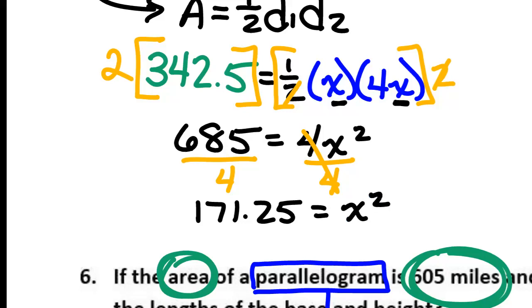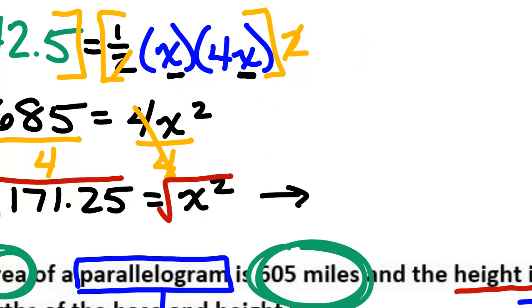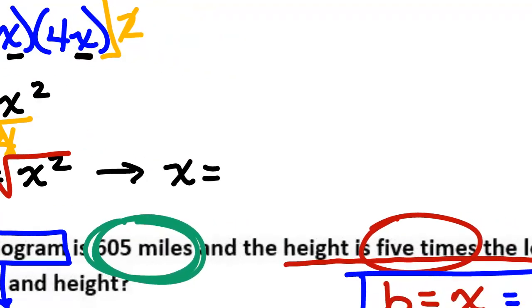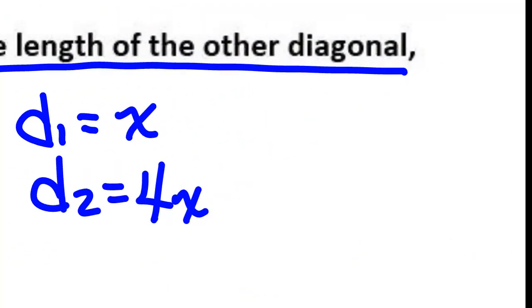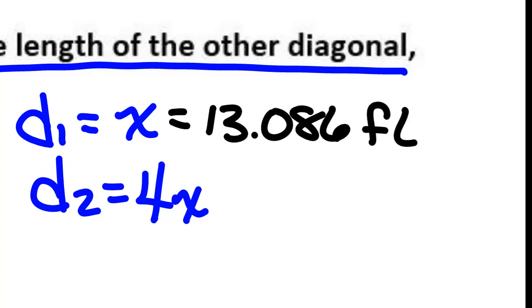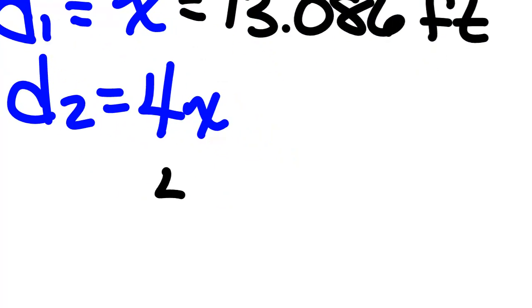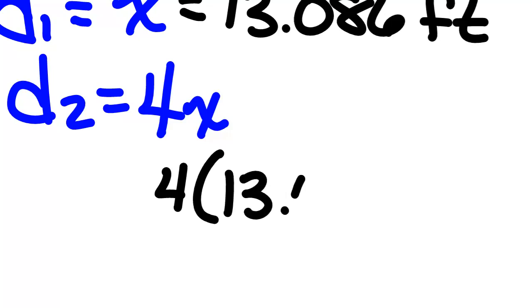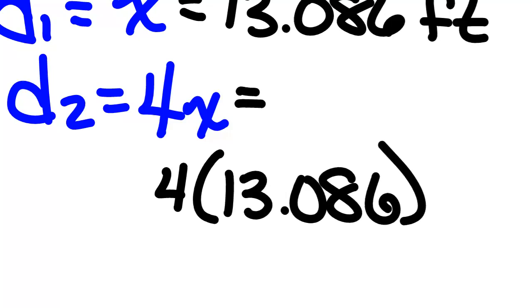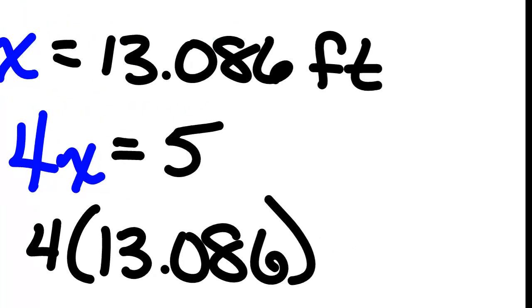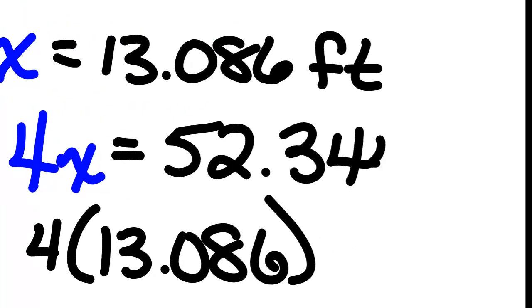That's equal to x squared. We take a square root of both sides. And that does not come out to be a very nice or pretty number. That's 13.086. So one of my diagonals is 13.086 feet. The other one is 4 times that, which is 52.344 feet.